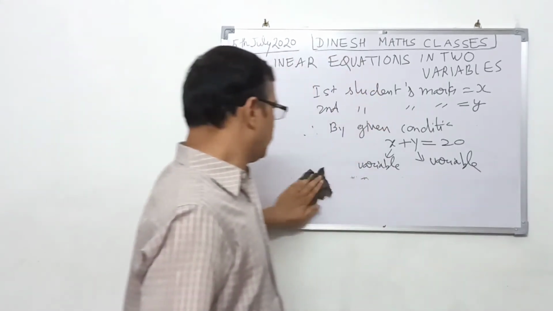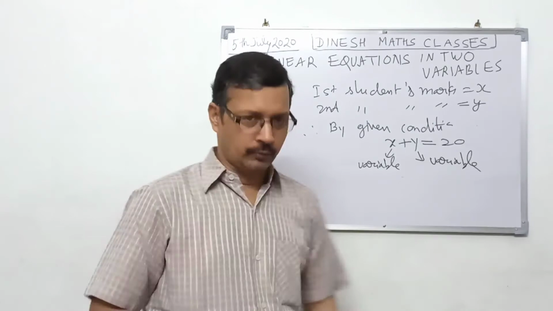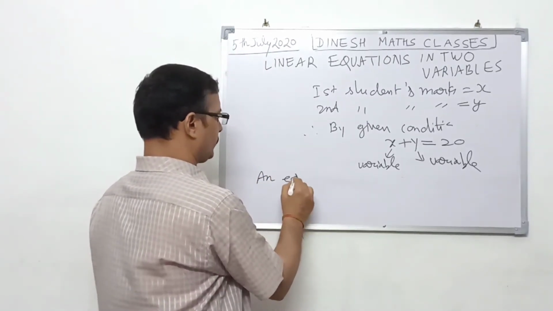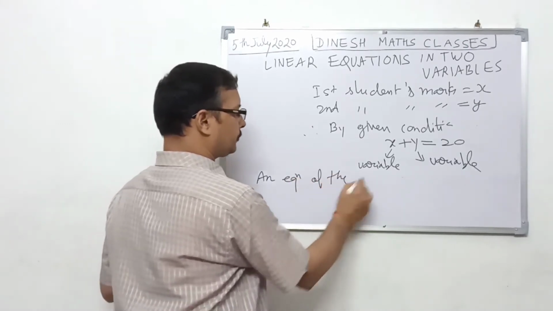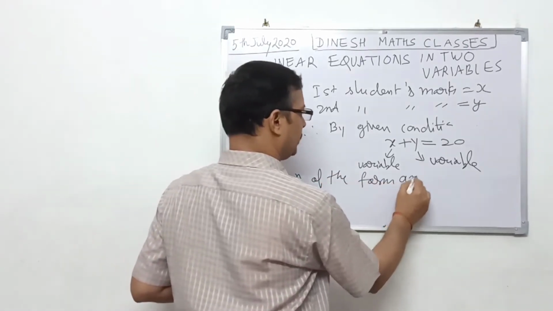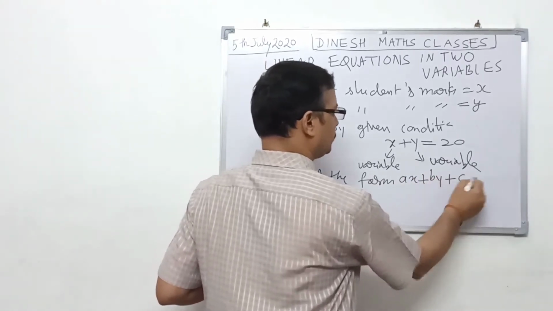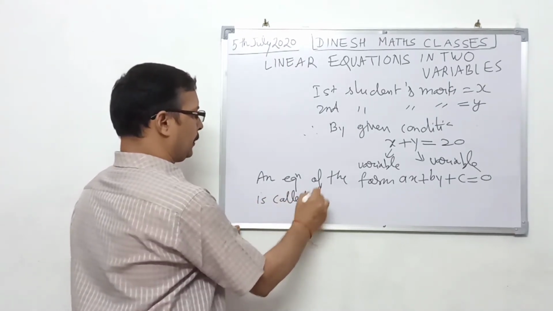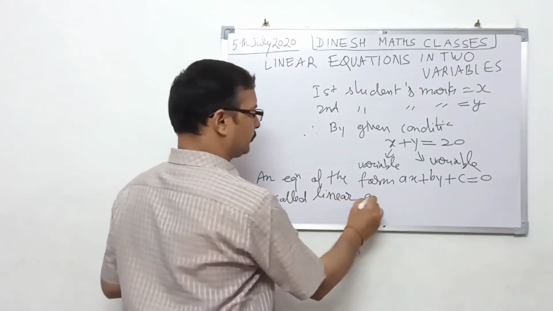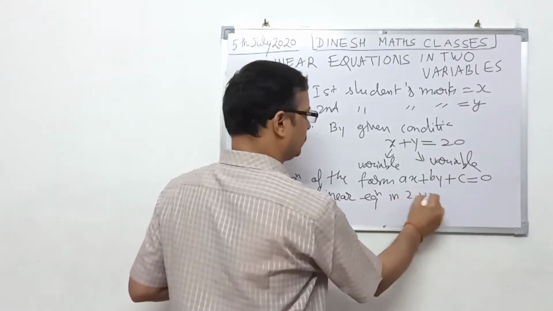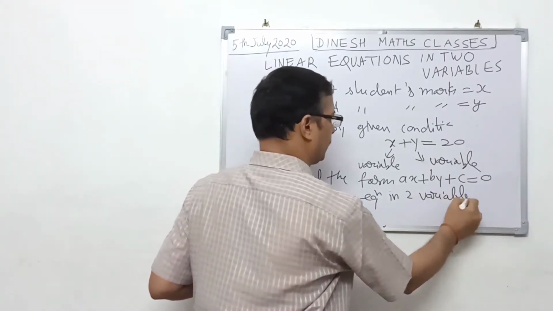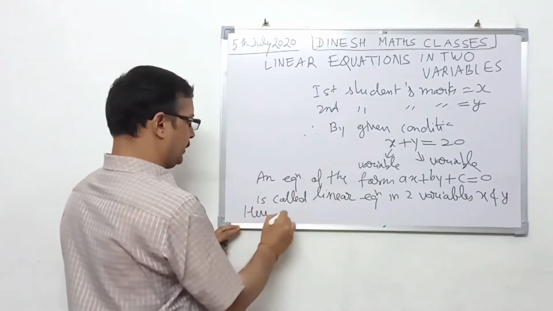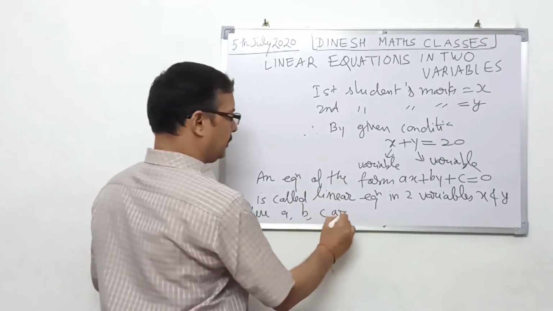And now we come to the general form of linear equation in two variables. An equation of the form ax plus by plus c equal to 0 is called linear equation in two variables x and y. Here a, b, c are real numbers.